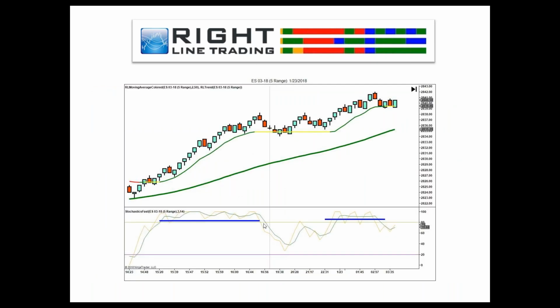Now, I wanted to talk a little bit about stochastic, because that's the middle line. We've modified the conventional way that a lot of traders look at stochastic, and it will really help you trade that stochastic line. I don't have a slide of it, but all stochastic does as a momentum indicator is look at the relationship between the high of the candle and the close on a long move.